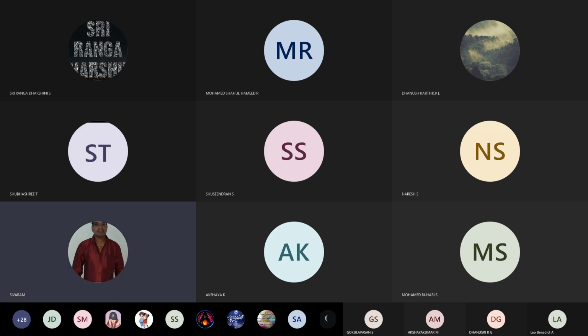And next, each stamen represents a male reproductive organ. The stamens represent the male reproductive organs of a flower, or we can also call it a microsporophyll. That means the stamen represents the microsporophyll.